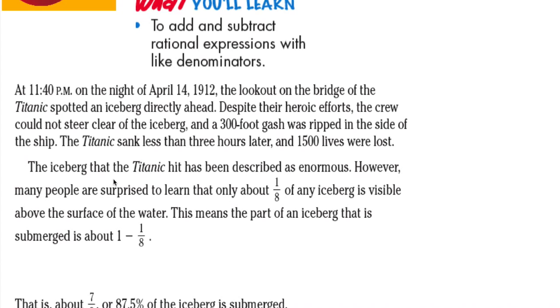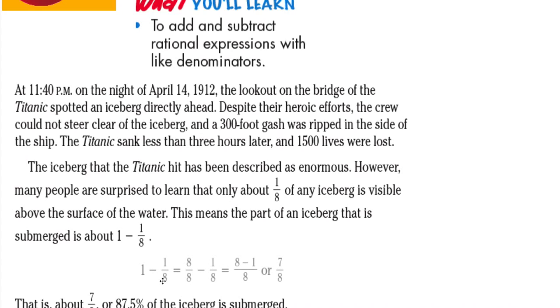The iceberg that the Titanic hit has been described as enormous. However, many people are surprised to learn that only about 1/8 of an iceberg is visible above the surface of the water. This means that the part of an iceberg that is submerged is about 1 minus 1/8.